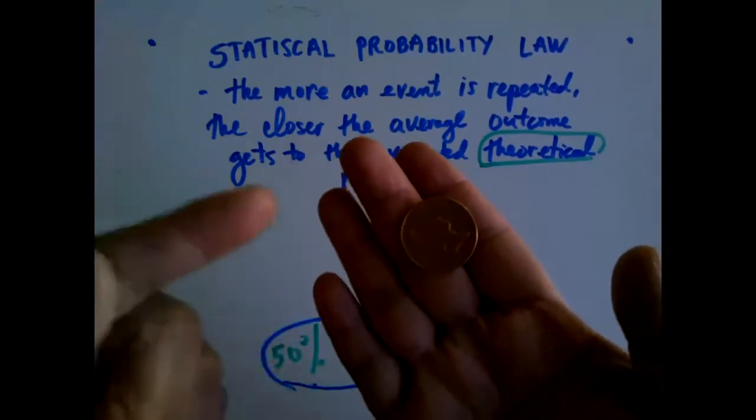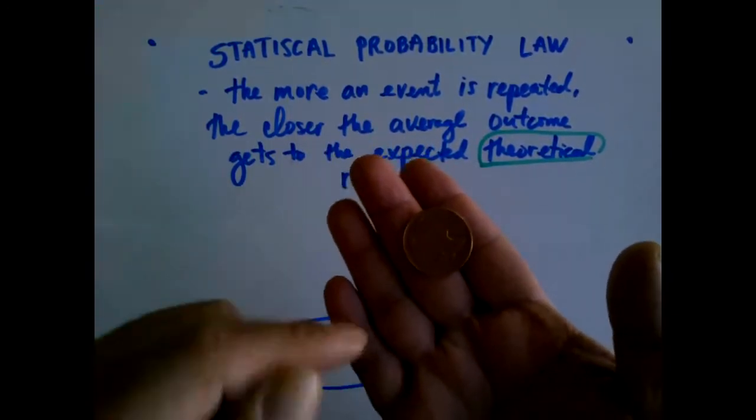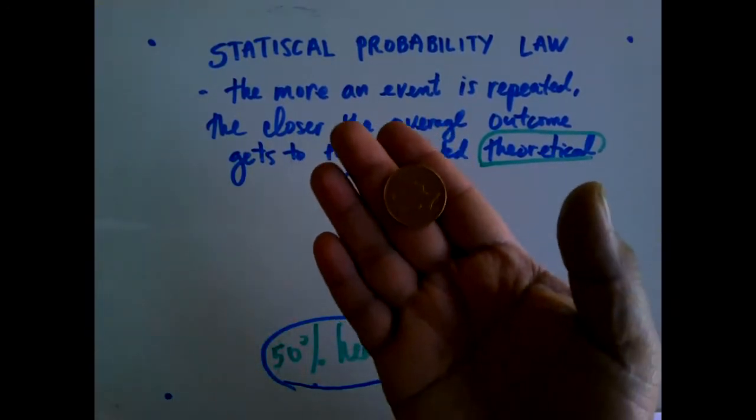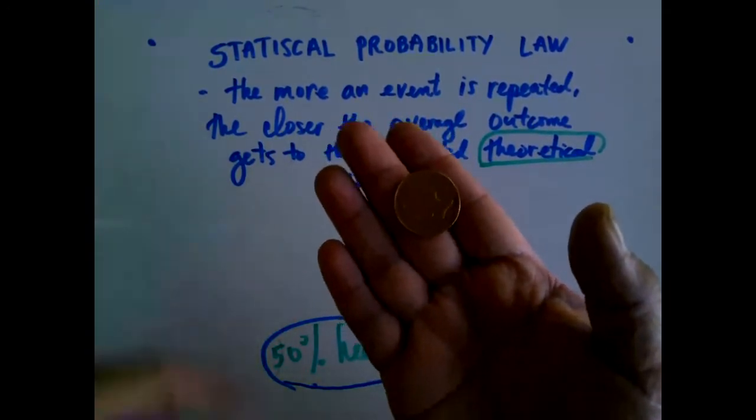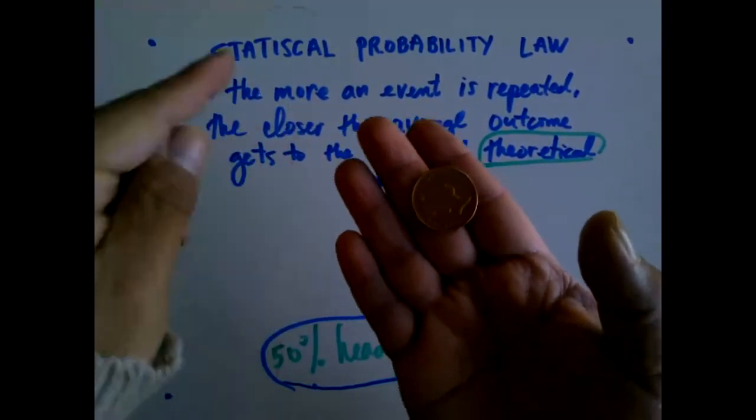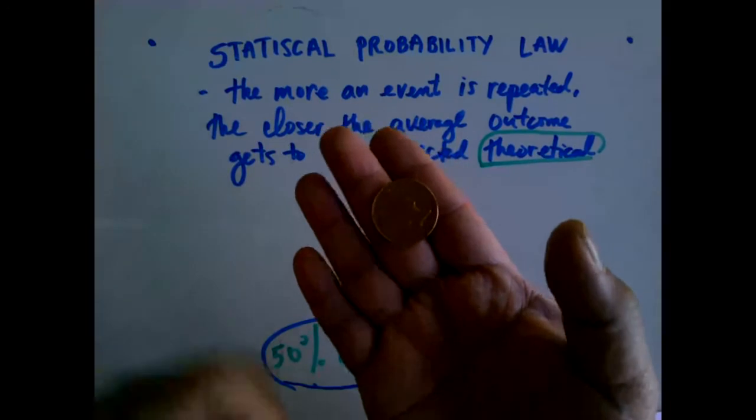That means you're losing. Will you stop? The idea is no, you don't stop, because by this law you should get a tail. It should balance out as you keep repeating.